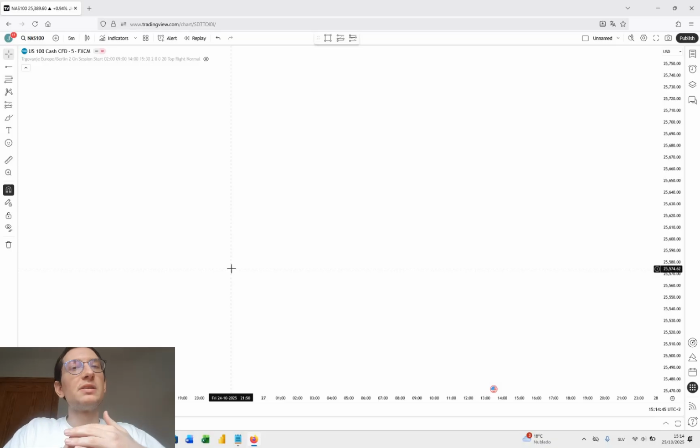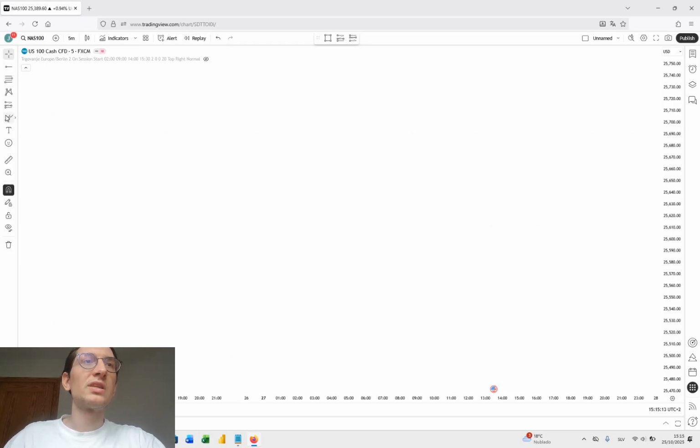When the price moves so fast up or down, it leaves a so-called fair value gap. So basically, fair value gaps are parts of the price movement that couldn't get fulfilled. Those are the orders that couldn't get executed because the price moved up or down so quickly.